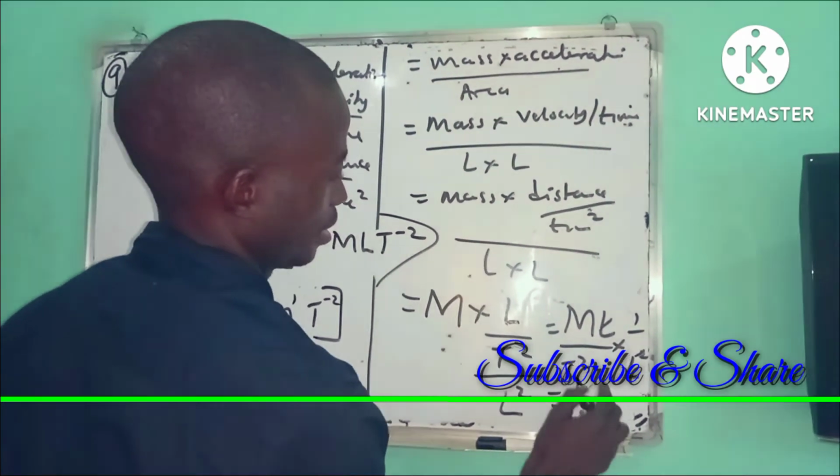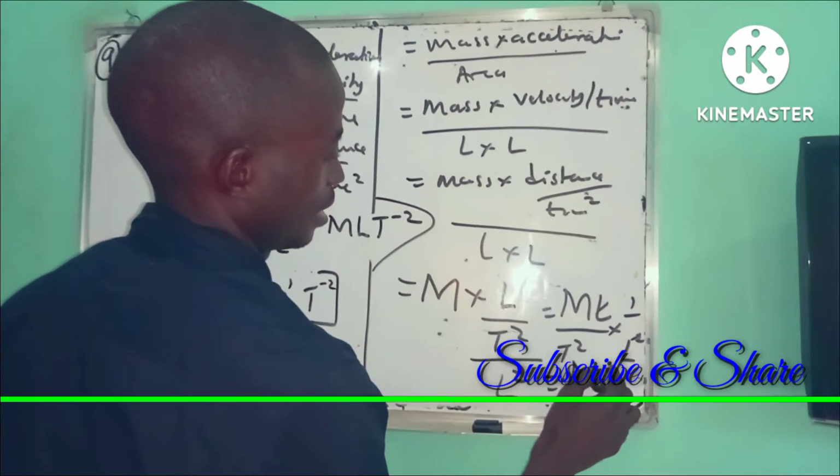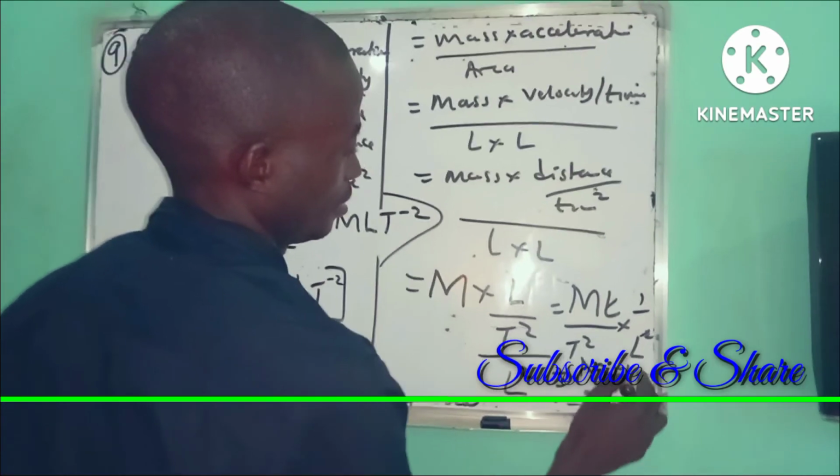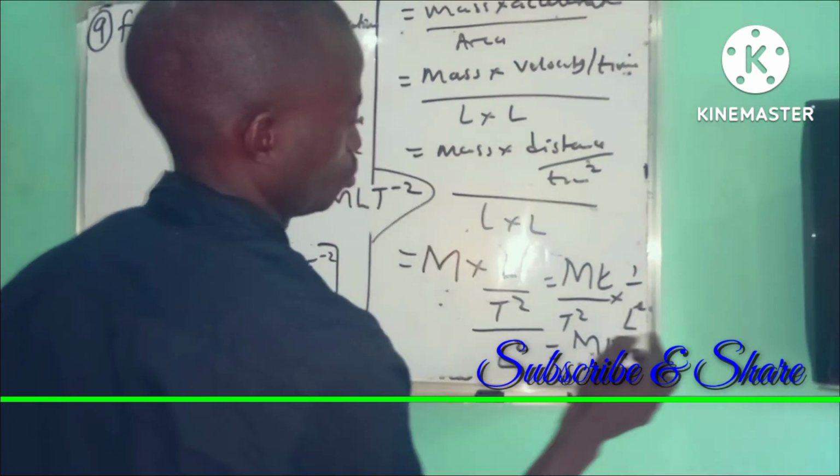So you have M L to the power of minus 1, T to the power of minus 2.